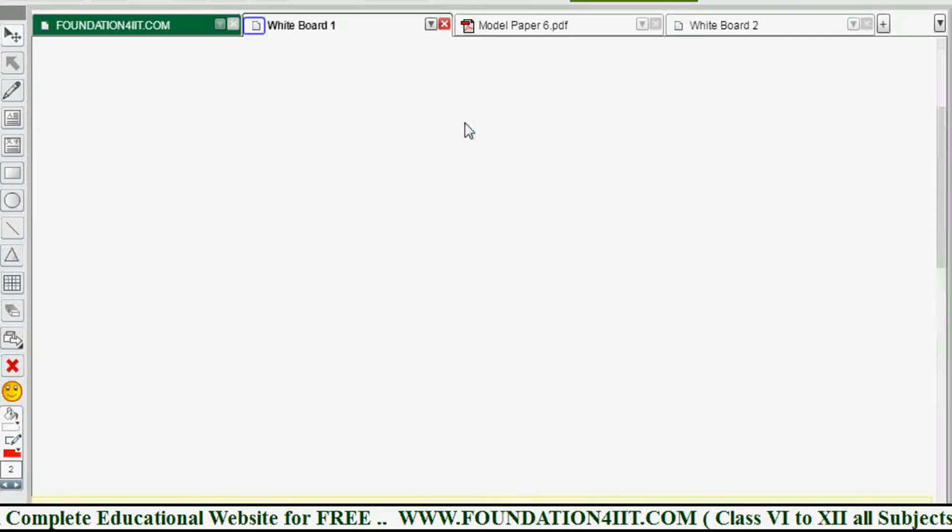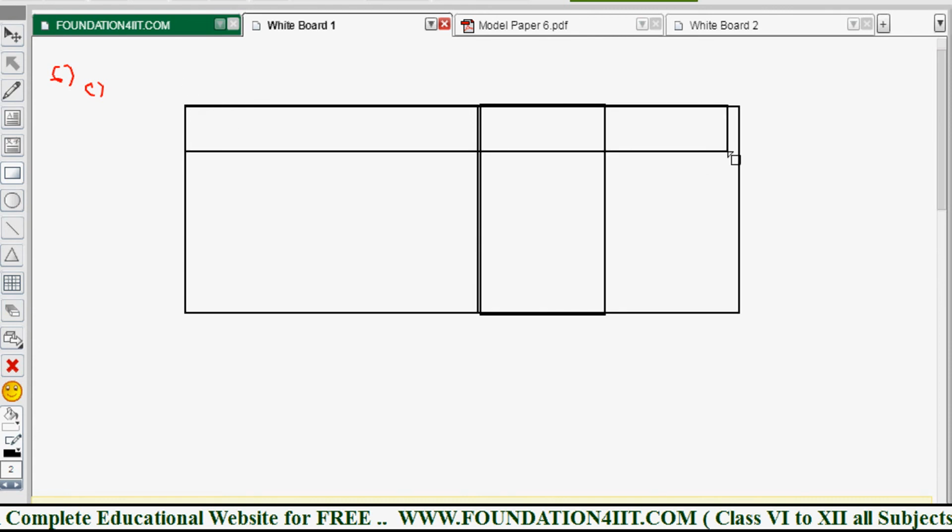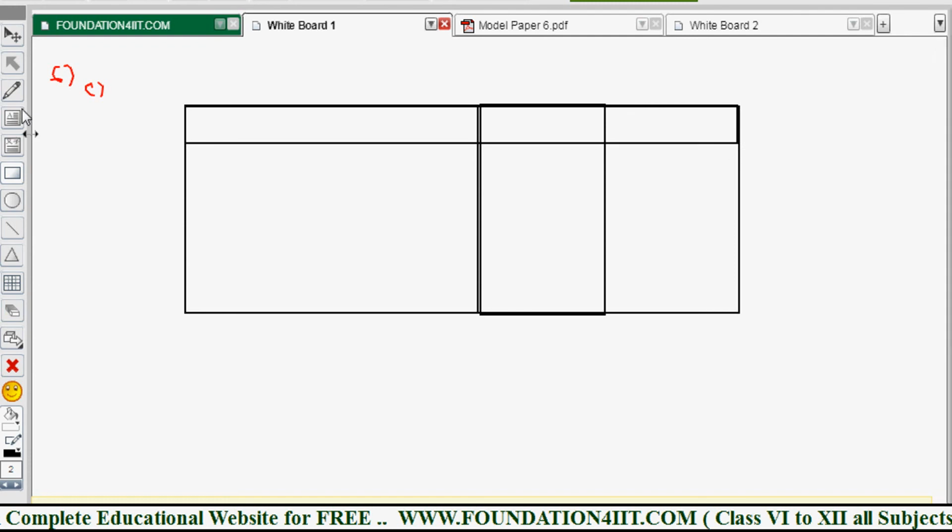To make you understand easily, I will make a table here. Let us take 3 columns. We need 2 conditions: now, and after increasing.